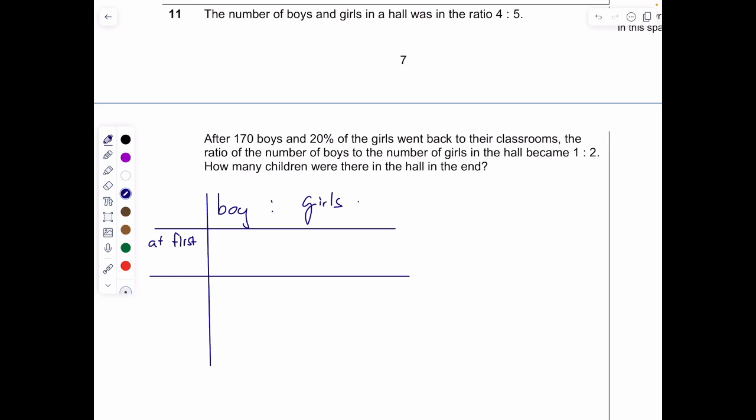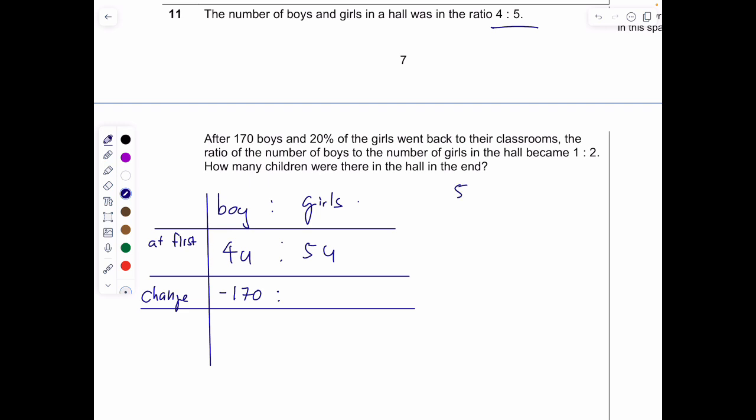So at first, we know that the ratio was 4:5. So 4u is to 5u. Now what happens is, what is the change? So the change was that boys had a subtraction of 170 and girls was 20%. So when you think about it, 5 units is 100%.